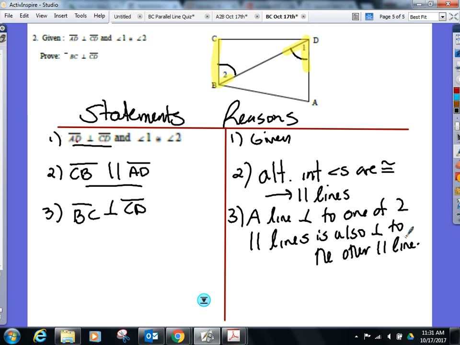Yes? Did you say that since the other angle, CD is on the same side? CD is not an angle. Oh, okay. I was going to say that they're on the same side as the two perpendicular lines.